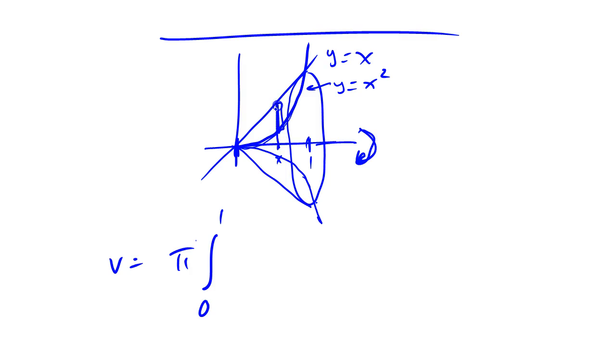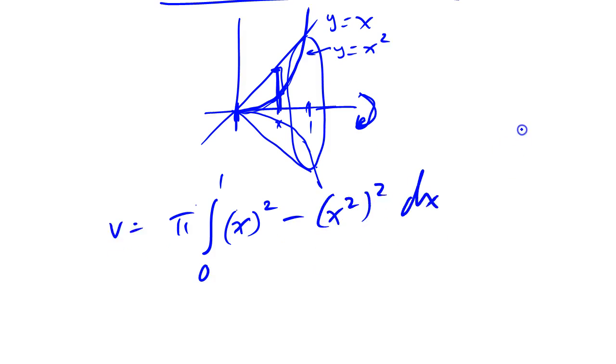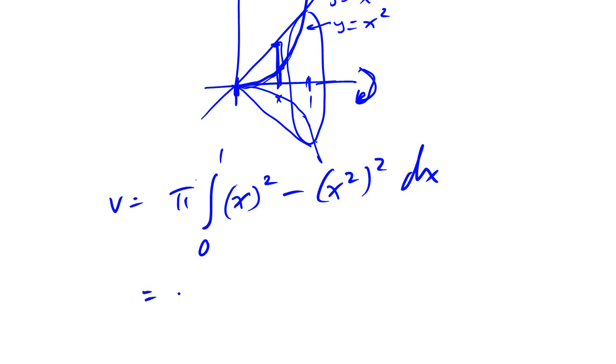The outside radius is y equals x, so I need that outside radius squared, and then I need the inside radius. Well, the inside radius is the distance up to the inside curve here, and that's just x squared. So that's x squared squared dx. So I need pi times the integral from 0 to 1 of x squared minus x to the 4th dx.